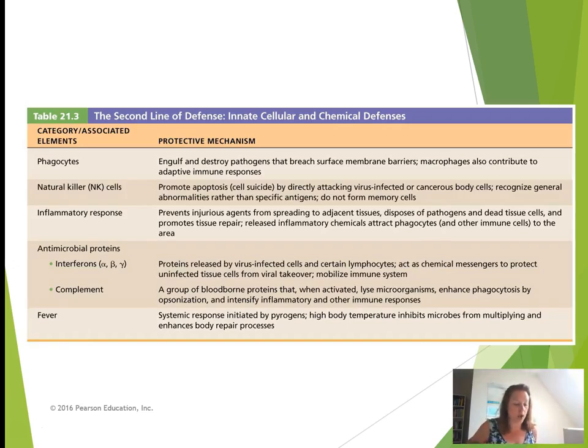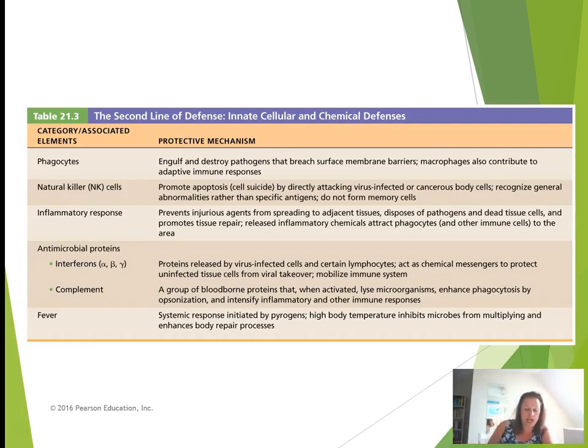And then we have complement. Now, complement is a group of about 20 or so proteins that destroy foreign pathogens in the body. They lyse microorganisms, and then they also call up, right? They're going to trigger the alternative pathway and help the adaptive part of our immunity. Lastly is fever.